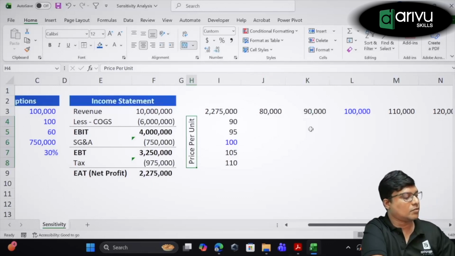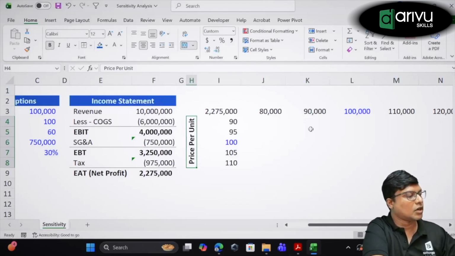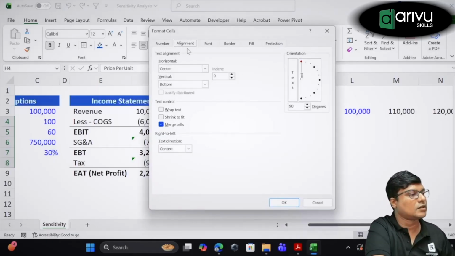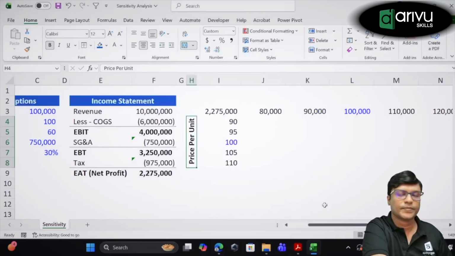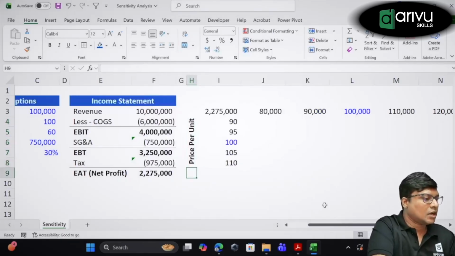Or you can do it alternatively, go to the format cells, right click on your mouse, format cells, or directly press Ctrl+1. This window will pop up. Under the format cells, go to the alignment, here change it to 90 degrees. Either way, you can do the text formatting.